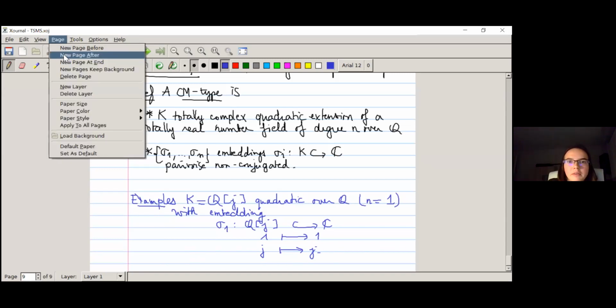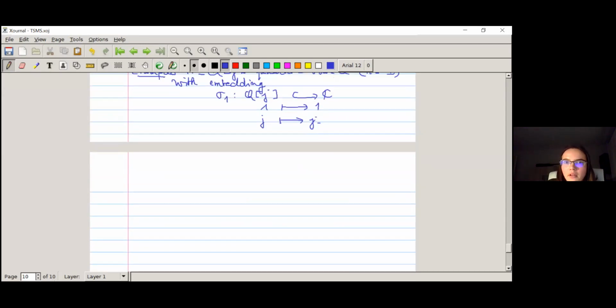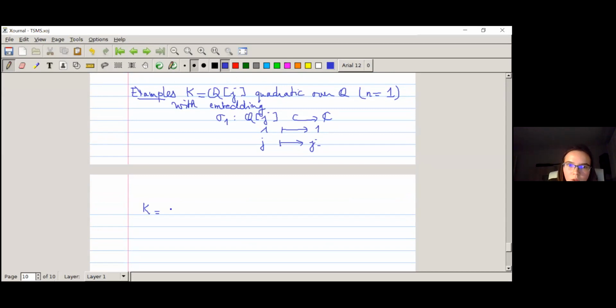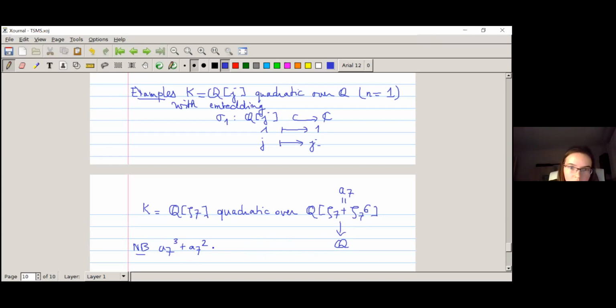And so this is really complex multiplication as we thought. And now maybe a less obvious example is you take K equals Q bracket zeta 7, which is quadratic over Q bracket zeta 7 plus zeta 7 to the 6th, which is an extension of Q. And you can check, if you call this guy A7, that A7 cube plus A7 square minus 2A7 minus 1 is 0.